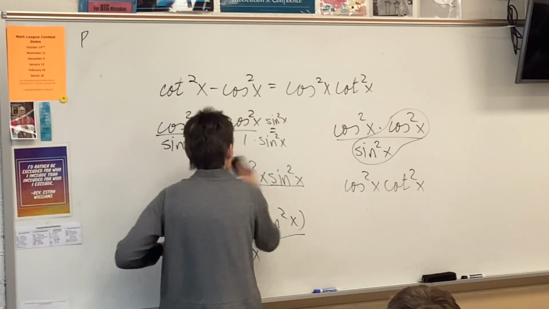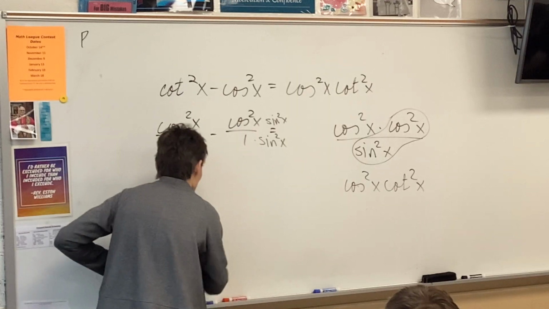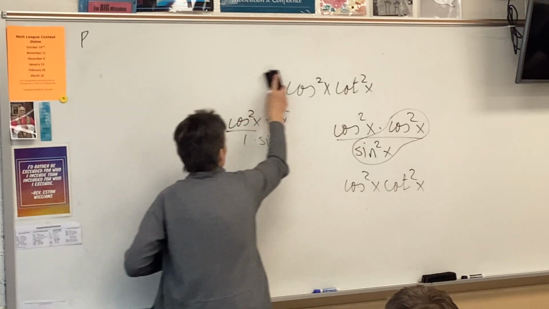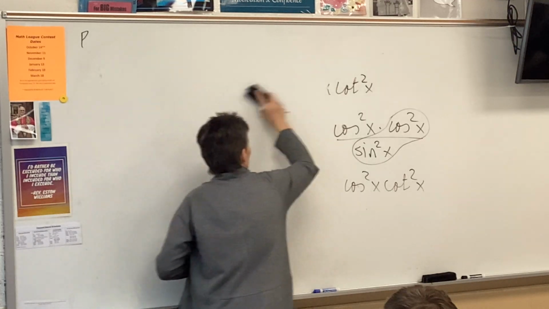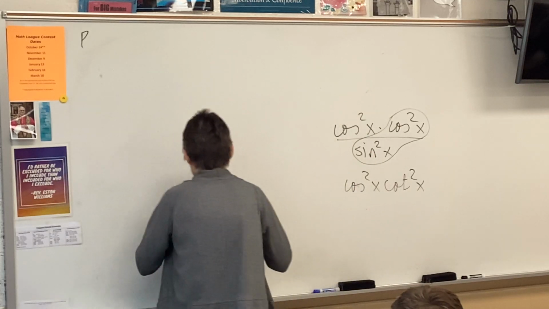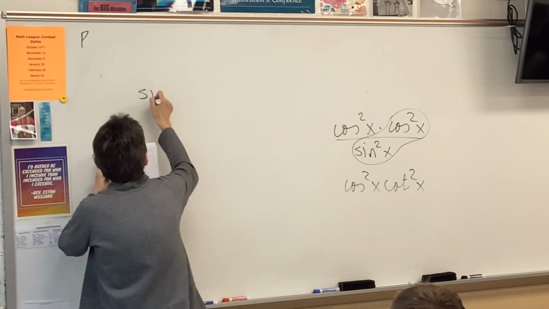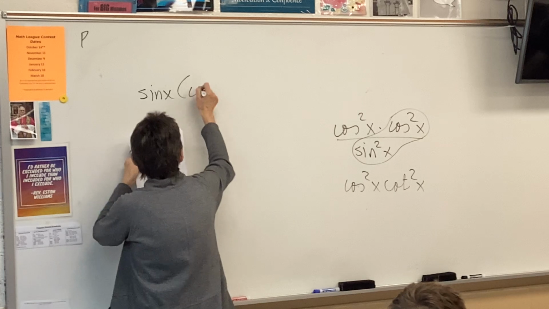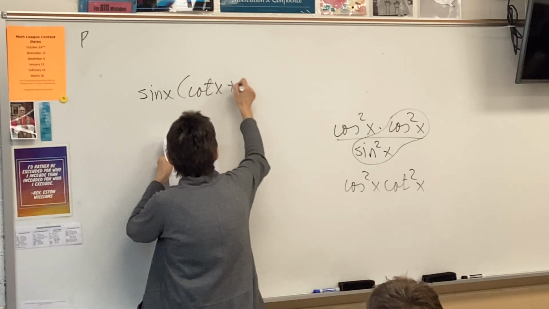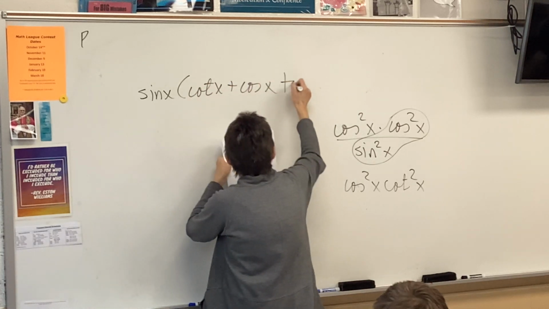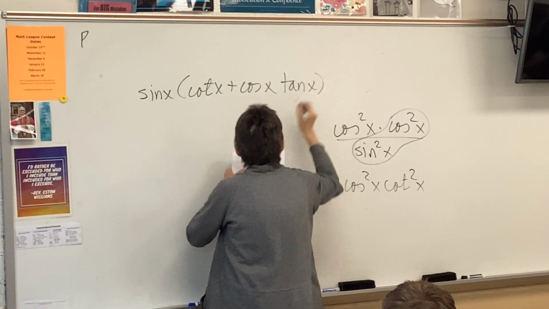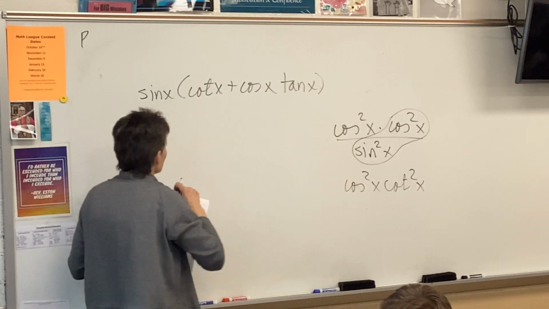All right, how about B? What do you think we ought to do first with B? So change. There's a lot going on there. Okay. So you want to, you know what?